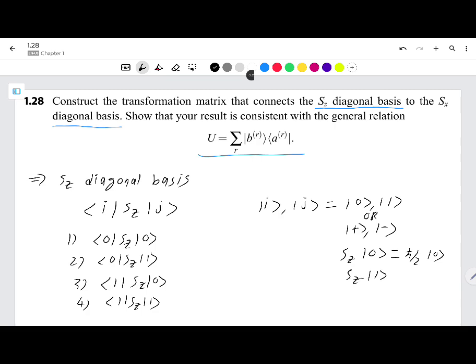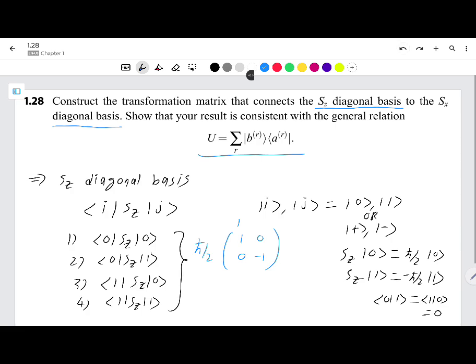And Sz on 1 gives the negative eigenvalue, and also 0 and 1 are orthogonal to each other, so we can write it like this. This can look like the matrix, which we can write for simplicity. Yeah, so we already know this is a Pauli matrix.